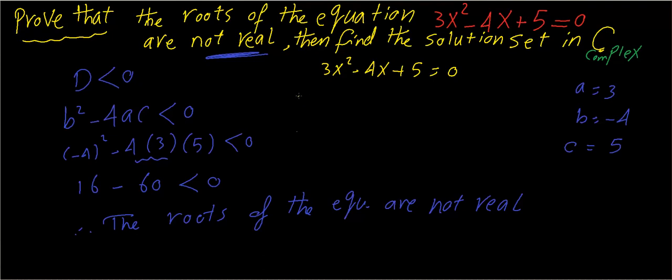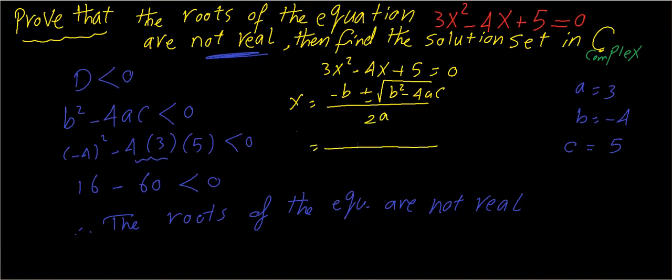We can use the general formula: x equals negative b plus or minus the root of b² - 4ac, over 2a, equals 4 plus or minus the root of (-4)² - 4ac.